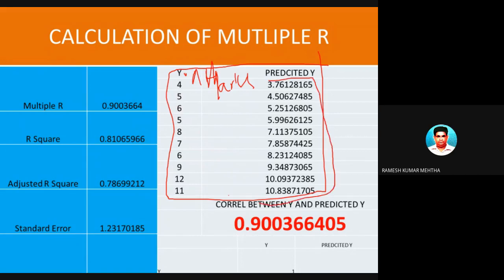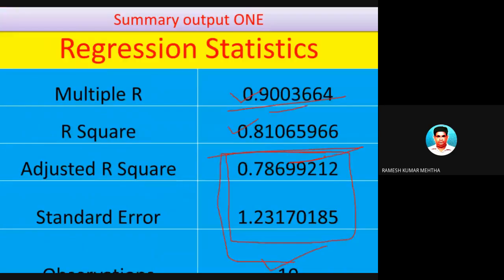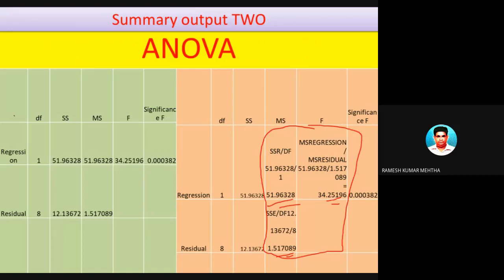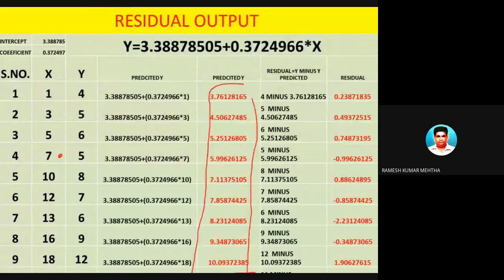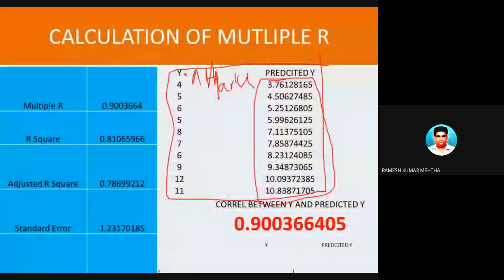I showed you how we calculated them, so if you want, you can go back. I have just taken these two columns in my PPT to find out multiple R.